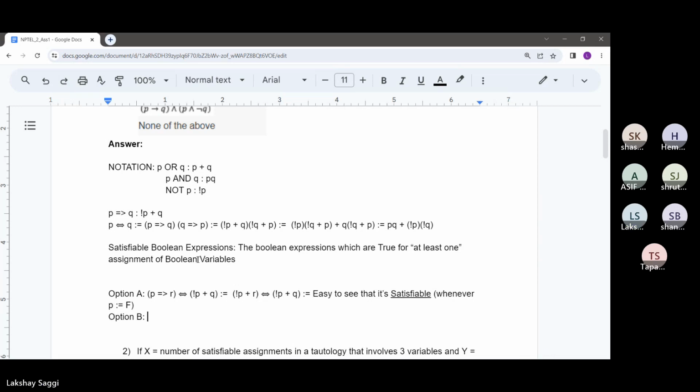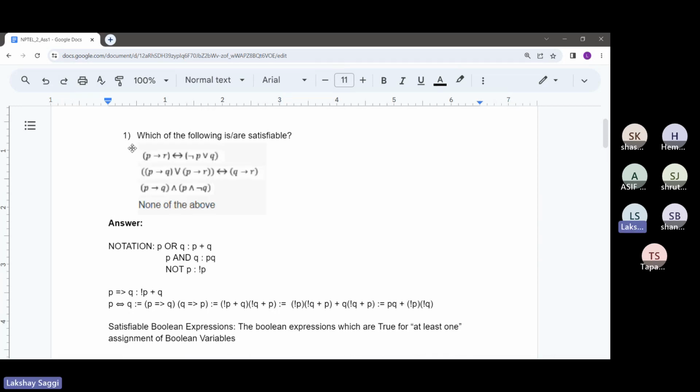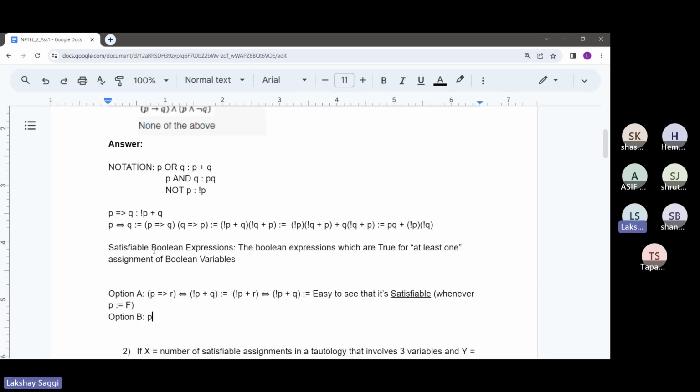So option B here is now P implies Q or P implies R, if and only if Q implies R. Let me just write it down in my notation.